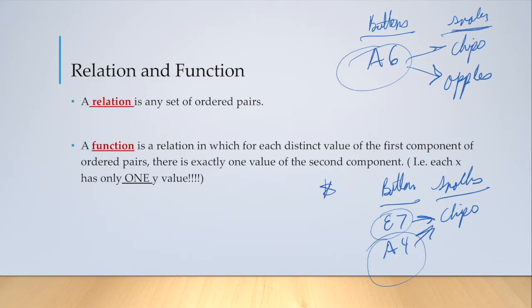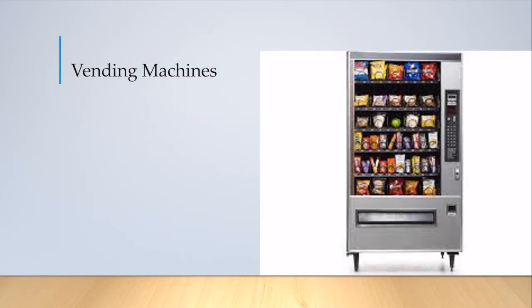So it's okay for a y to have more than one x value, but each x needs only one y. This is not a function, and this is a function. And we talked about this earlier on in the text. Here's my lovely vending machine example.